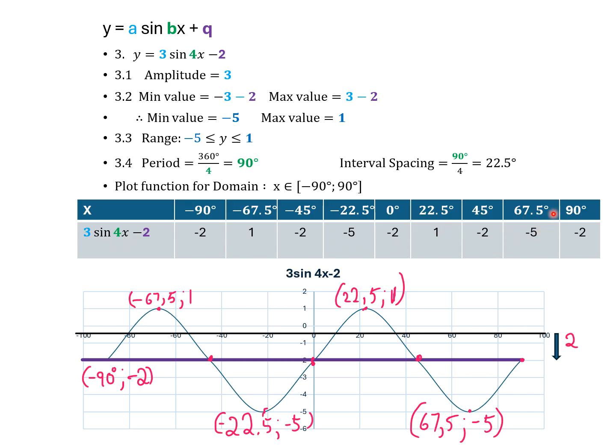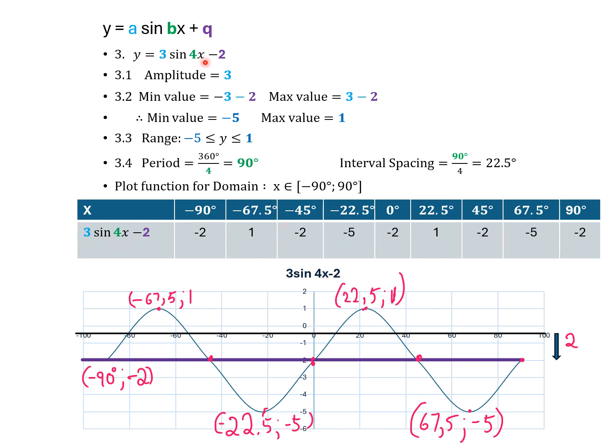If we substitute in and calculate, 67,5 would give me negative 5, and 90 degrees would give me negative 2. Same applies if we go negative 22,5: that gives me negative 5. If I take negative 45 in there, again I get negative 2. If I take negative 67,5 there, I get 1.